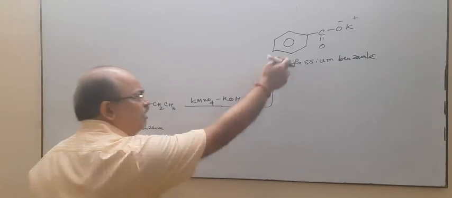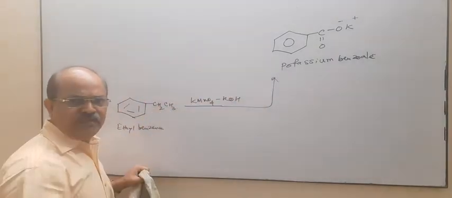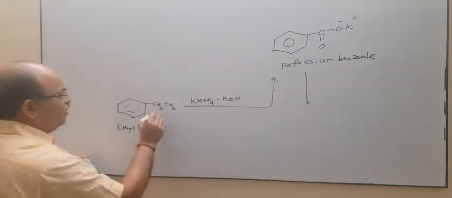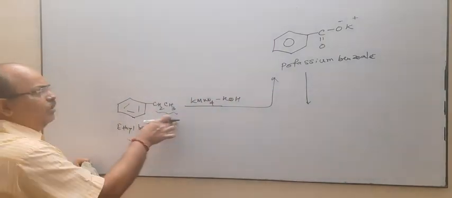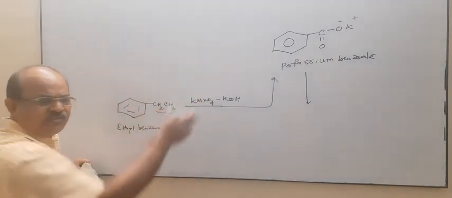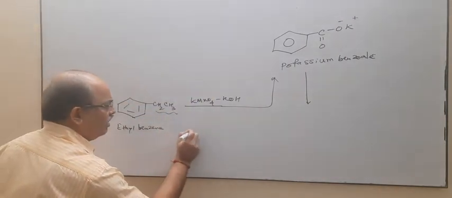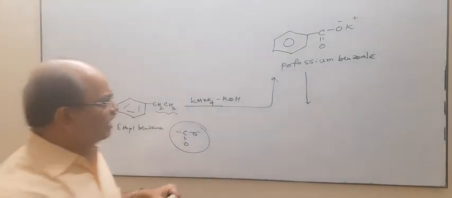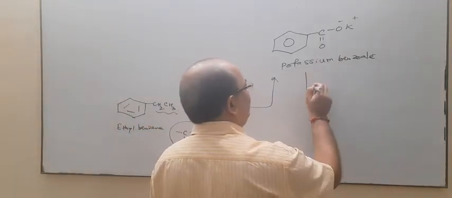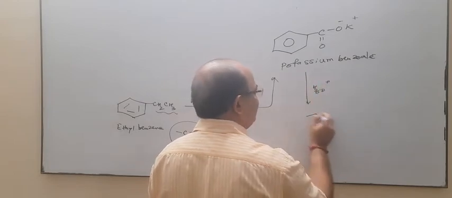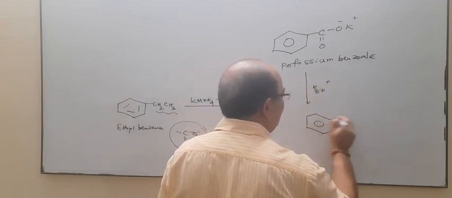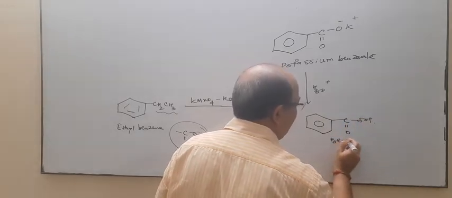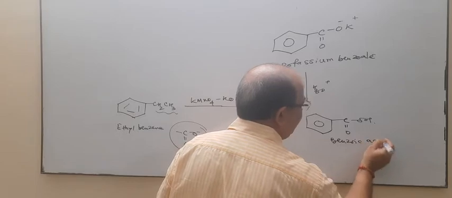Ethyl benzene will also give potassium benzoate, which means the whole ethyl group is oxidized to the carboxylate ion, and this potassium benzoate on acidification will give benzoic acid.